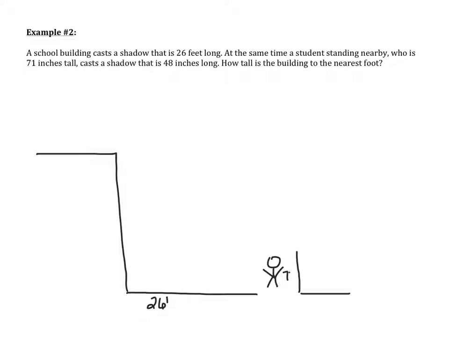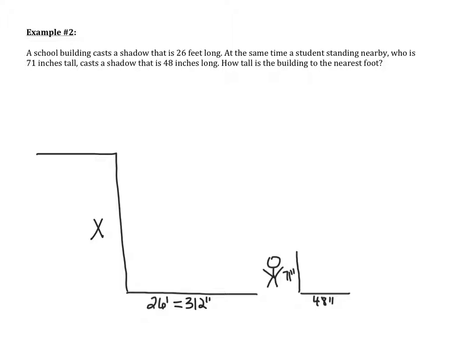So 71 inches right here and 48 inches down here. Next, let's go ahead and convert that 26 feet into inches. So there are 12 inches in a foot, so I'm going to take 26 times 12, which you end up with 312 inches. And just as a reminder, we were asked to find the height of the school building.